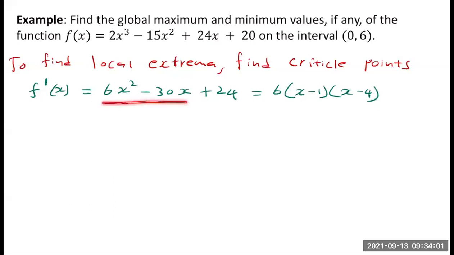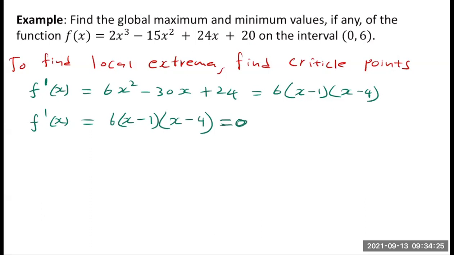And this is a quadratic expression. If you factorize that quadratic expression, this is what you get: 6 times (x minus 1) times (x minus 4). Now, to find critical points, I'm setting f prime of x to 0. So 6 times (x minus 1) times (x minus 4) is equal to 0.